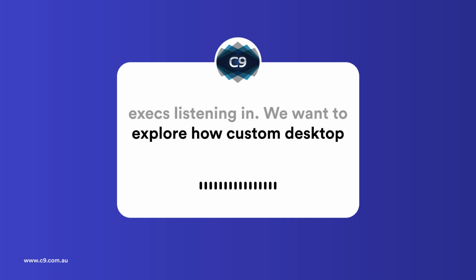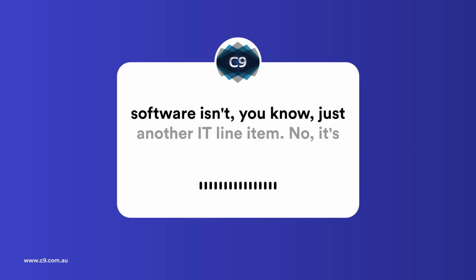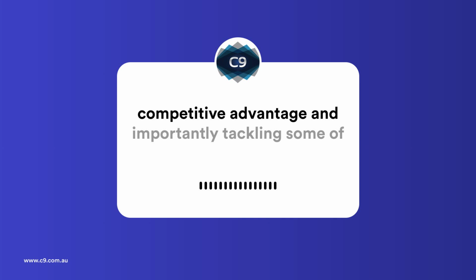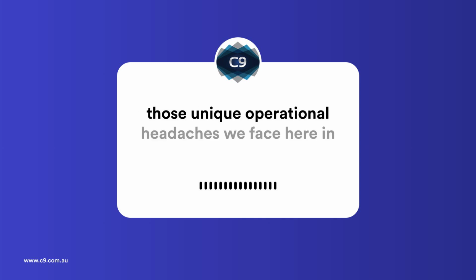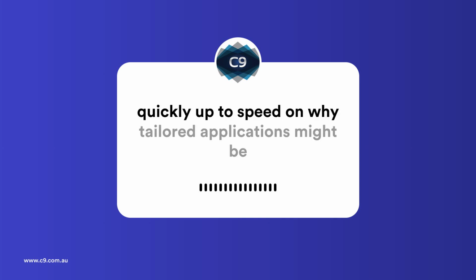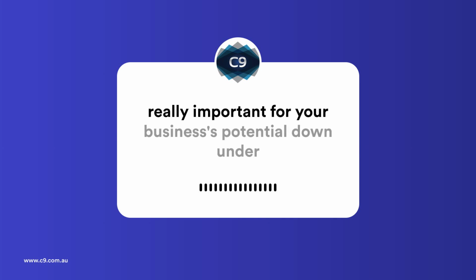We want to explore how custom desktop software isn't just another IT line item. No, it's more strategic than that. It can be a tool for gaining a real competitive advantage and, importantly, tackling some of those unique operational headaches we face here in Australia. Think of this as maybe a shortcut, a way to get quickly up to speed on why tailored applications might be really important for your business's potential down under.